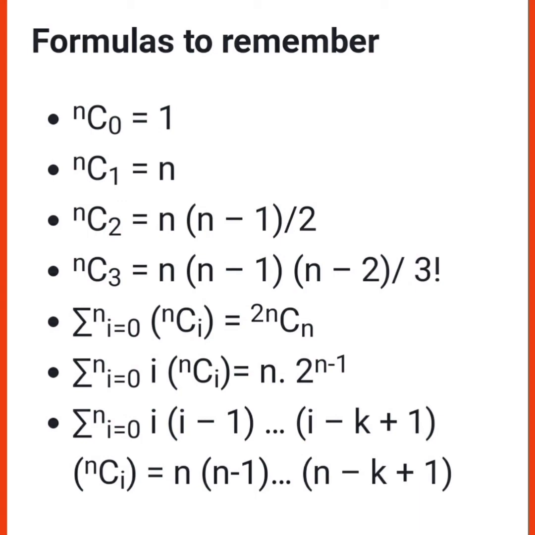In the case of the sum over i = 0 to n of i(i-1)...(i-k+1) nCi, it will be equal to n(n-1)...(n-k+1) 2^(n-k). So these are the formulae you have to remember while solving the problem.